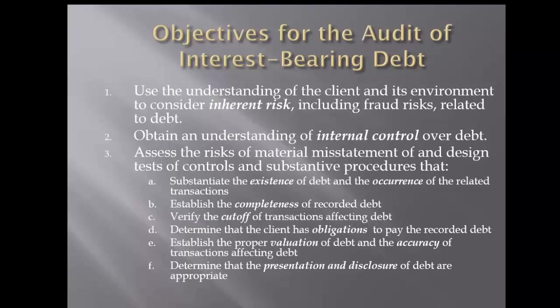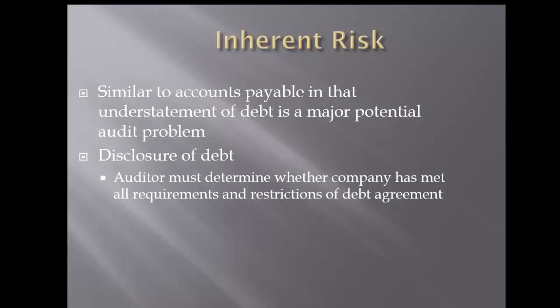And in our substantive testing, we're looking for existence and occurrence. We are establishing completeness, verifying the cutoff, determining that the client has obligations to pay the recorded debt, establishing the proper valuation, and there are going to be very specific presentation and disclosure issues related to this.